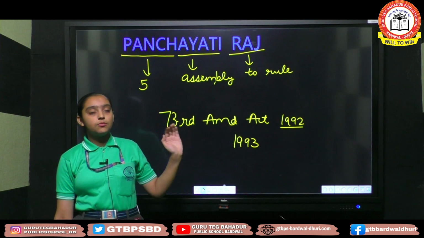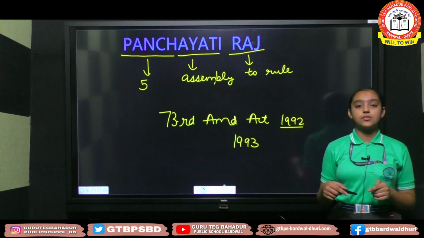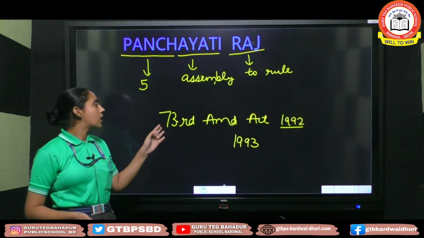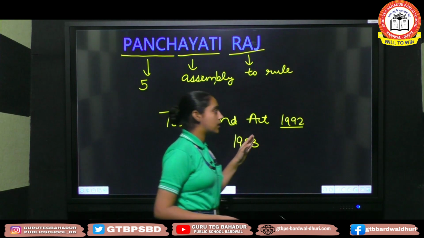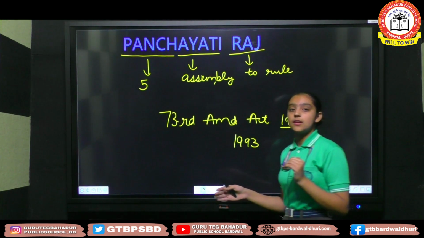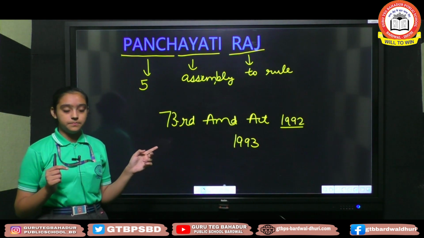In this, it was written that the state must organize and empower the Panchayati Raj. But here, the 73rd Amendment Act 1992 made it compulsory for all the states to have the Panchayati Raj.